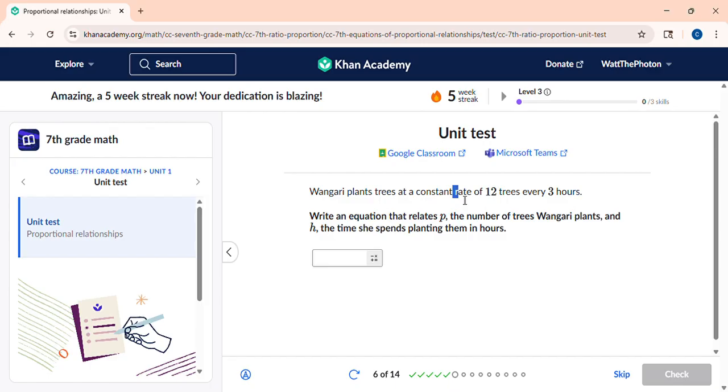So she plants 12 trees every 3 hours, 4 trees for every 1 hour.